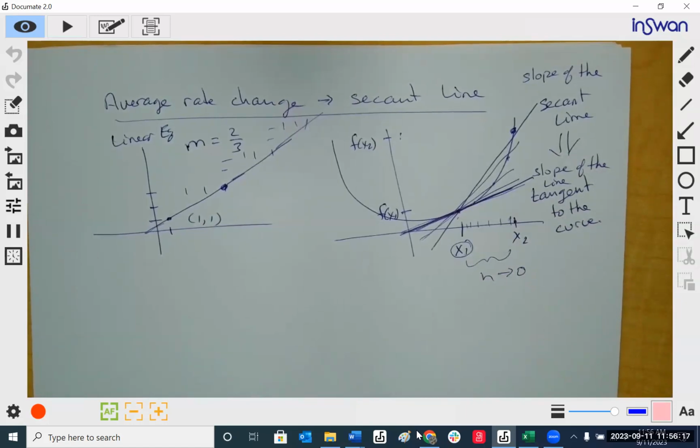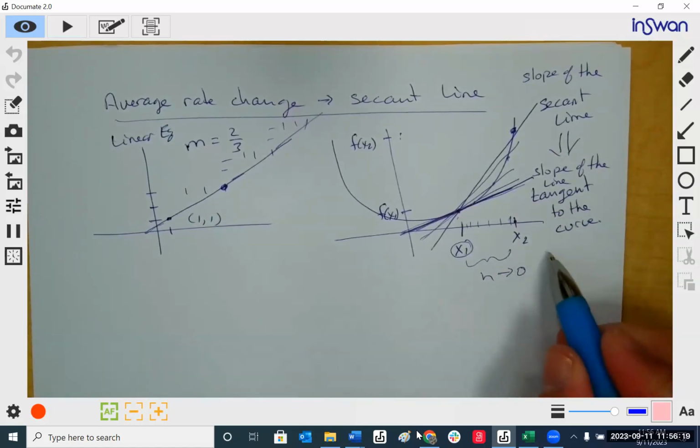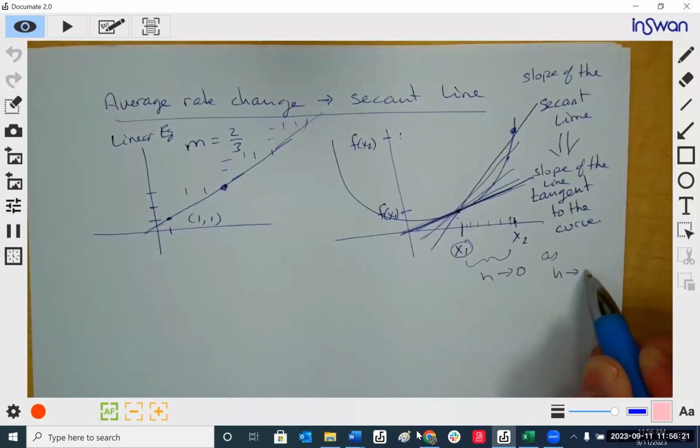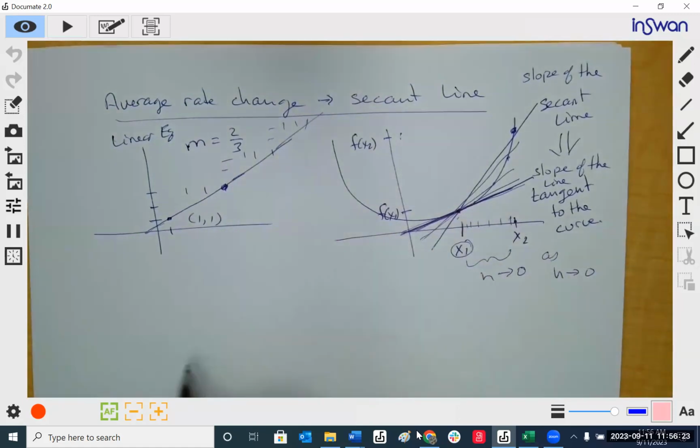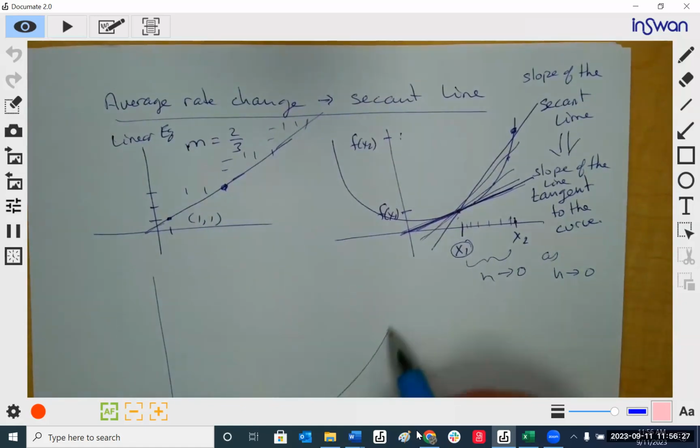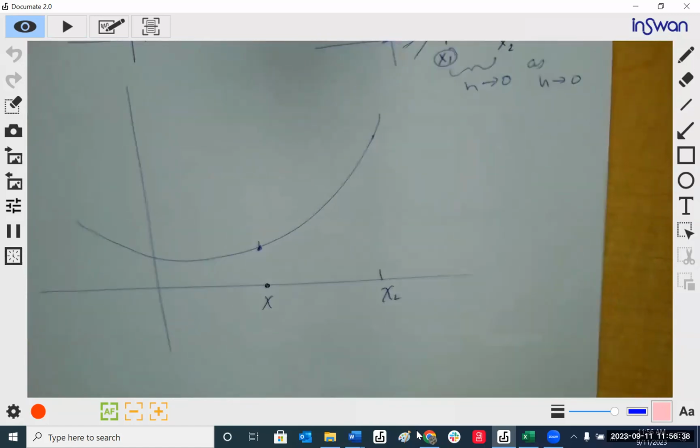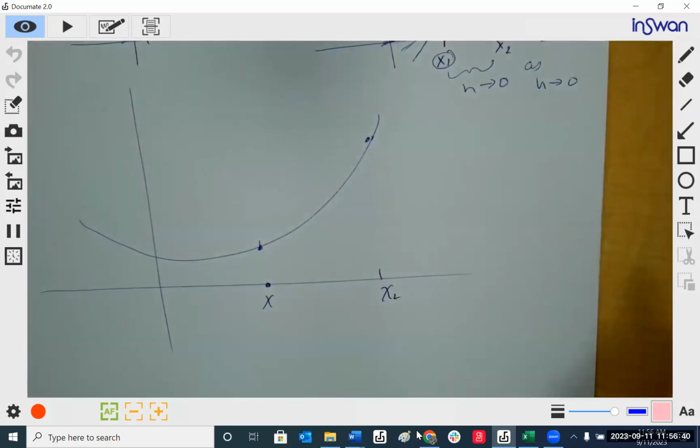Because this point goes down the curve. Right. The distance. Then that becomes a tangent line. Right. So let's look at this. The tangent line is when it's on top of it.